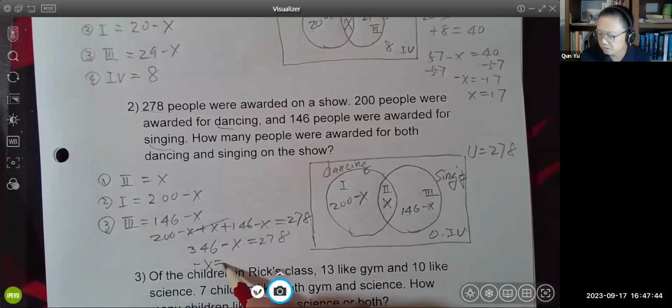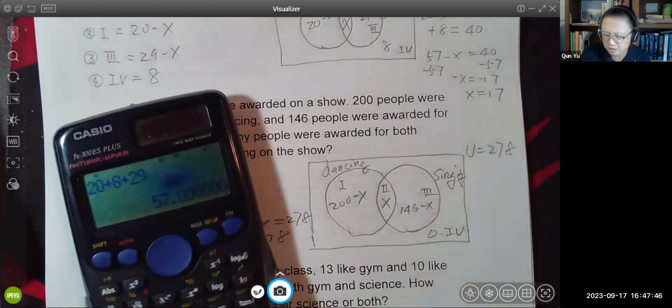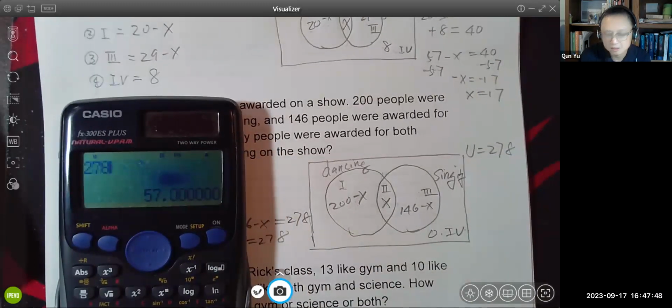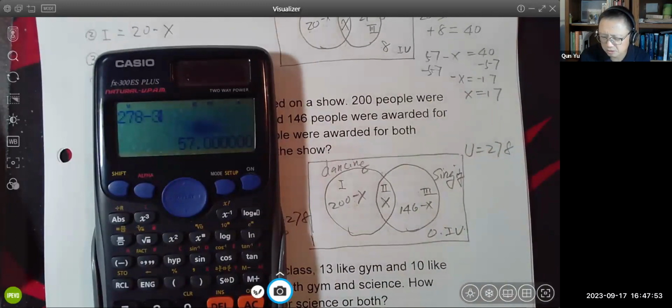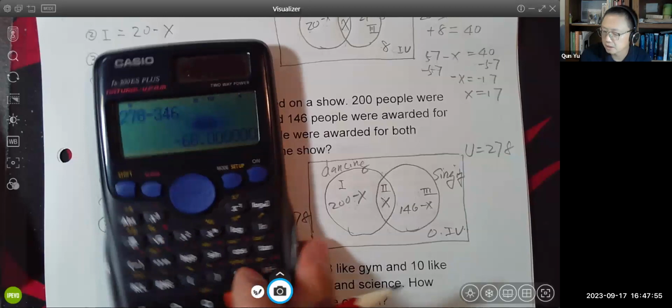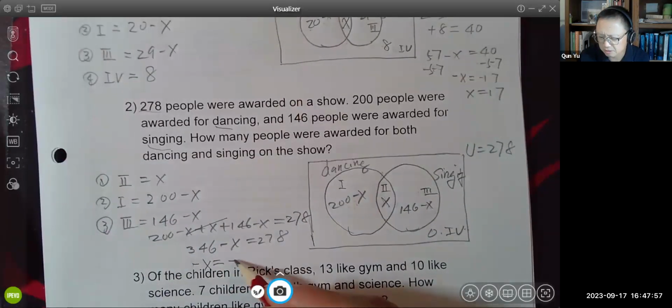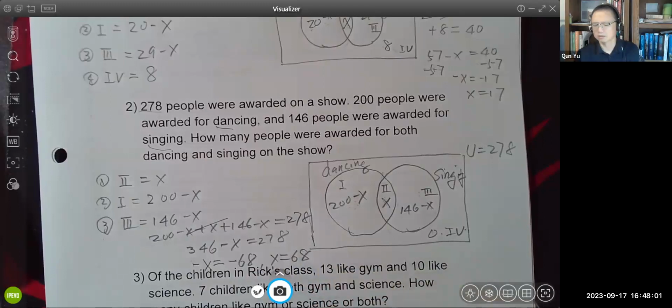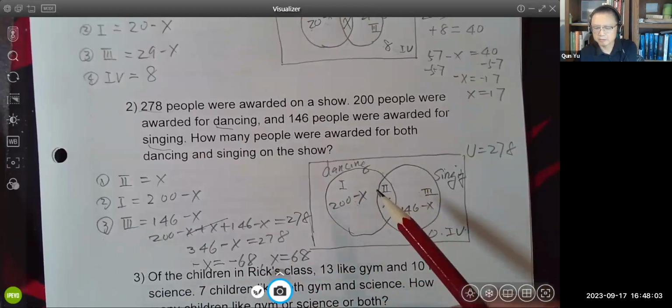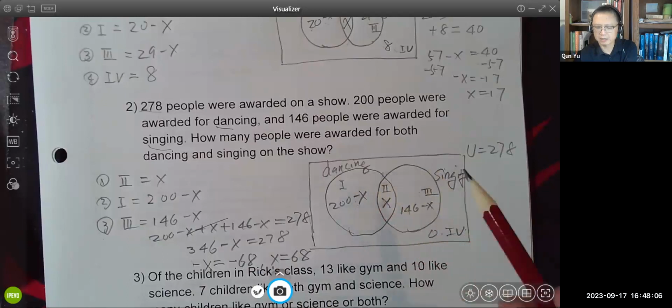Negative X equals, so I'm going to use 278 minus 346, negative 68, and X equals 68. So the answer is 68 people were awarded for both dancing and singing.